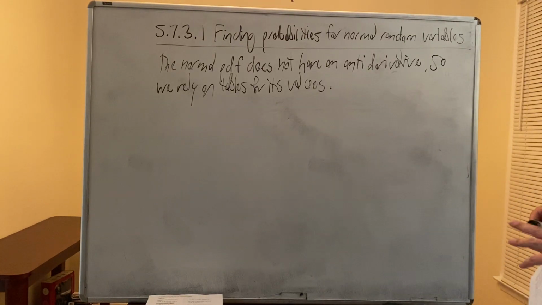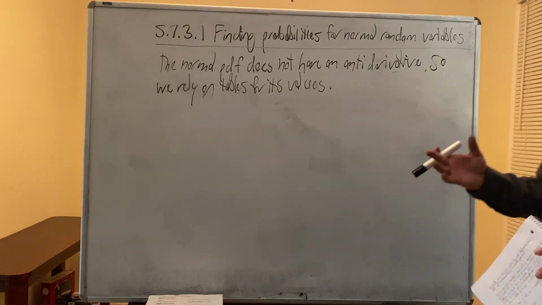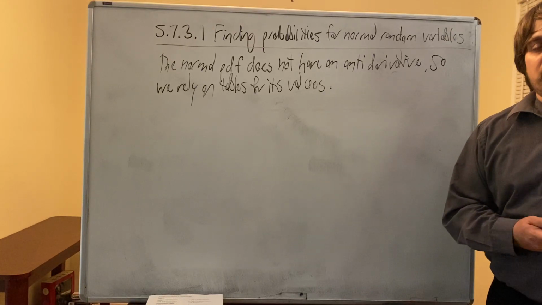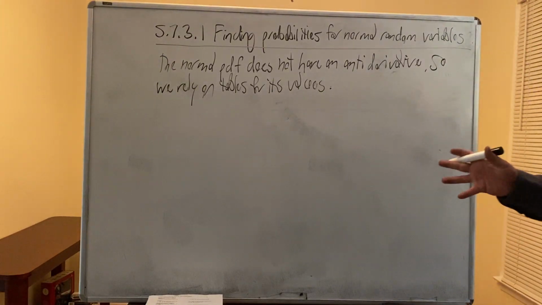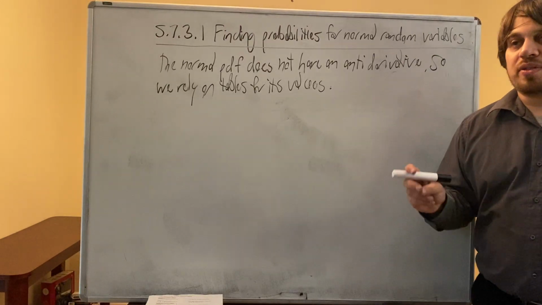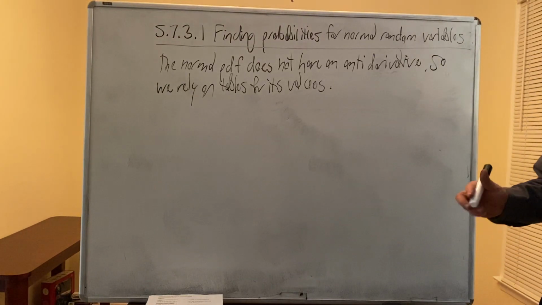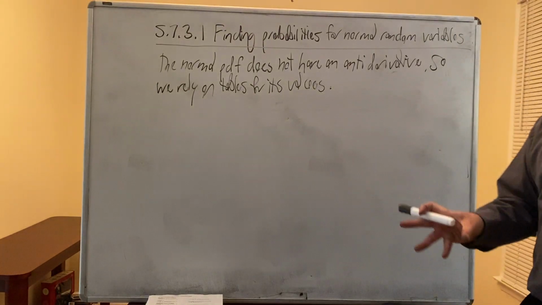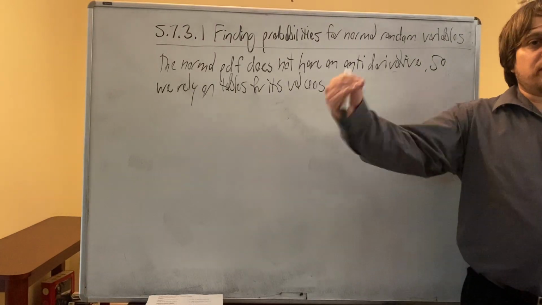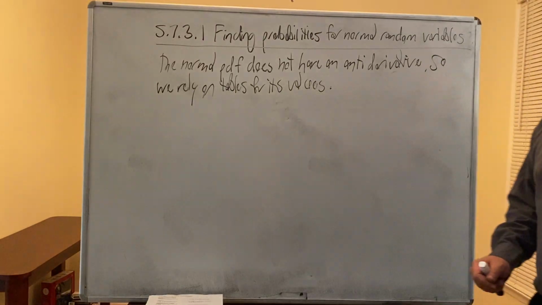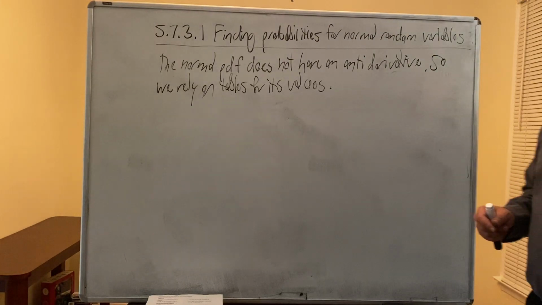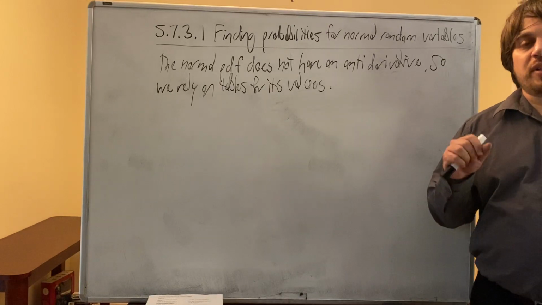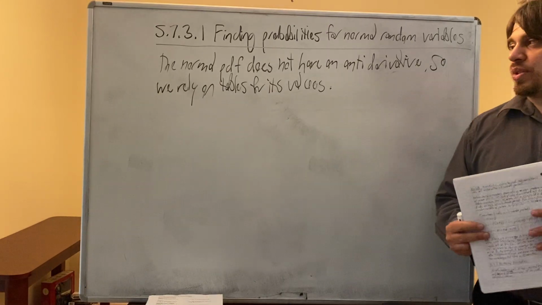Normally we would integrate and find probabilities by calculating a definite integral. But when there's no antiderivative for f of x, we can't use the fundamental theorem of calculus to say that the value of an integral is an antiderivative evaluated from the lower limit of the integral to the upper limit. We can't do that. And so there are tables which will tell you the values for certain probabilities, and you're going to rely on the tables in order to answer questions here.